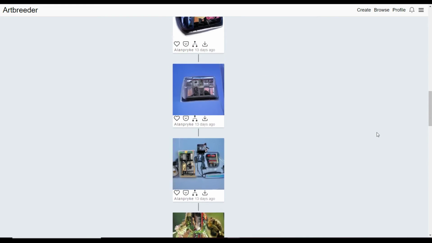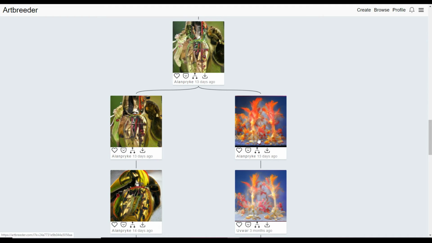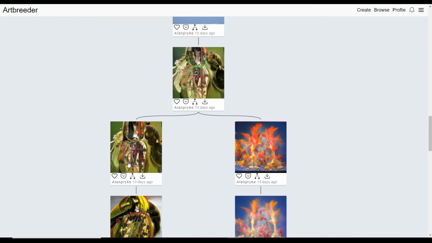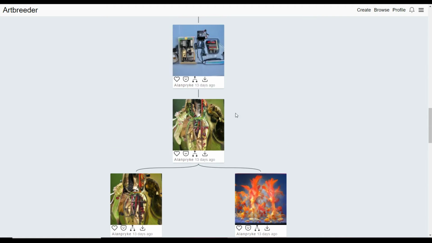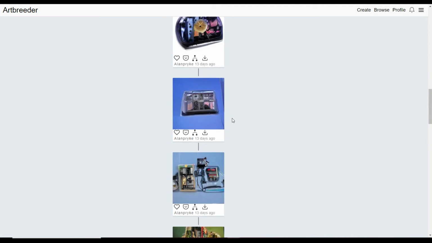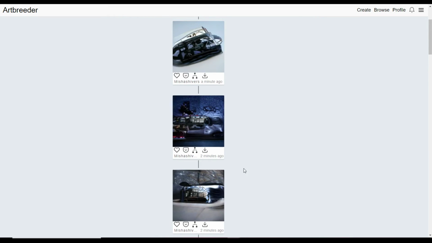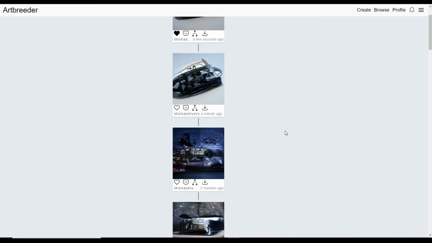Oh, okay, so this user, Alan Pryke, crossbred two images together, this one here and this one here, to generate this image, which was then iterated to this image. So that's cool. And then iterated on by ourselves until we got to here.